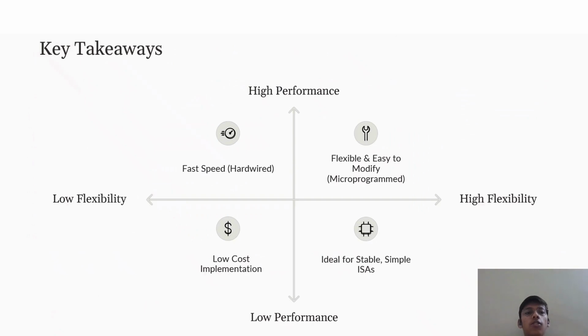Now let's talk about key takeaways. Here you can see this graph, and from this graph, we can say that hardwired control units are faster but less flexible, while microprogrammed control units are more flexible but slightly slower, and it depends on system requirements.